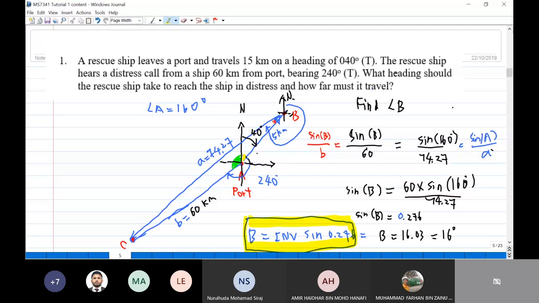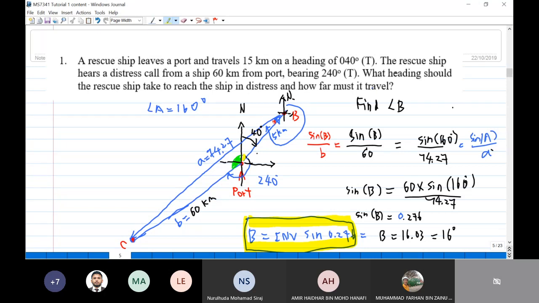Okay, you find angle B. So there's a little bit of command on how you press the calculator. I use the yellow part to show you that you press inverse sine 0.276 and then angle B comes out. How does angle B give you the direction where the ship has to go?